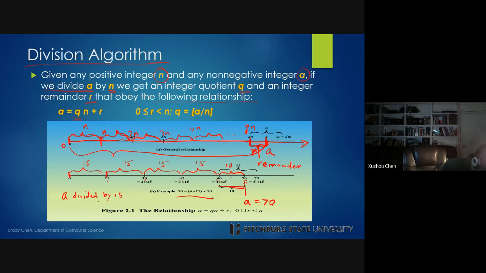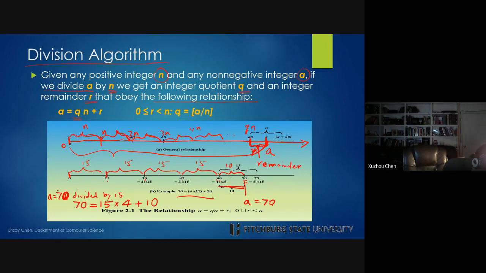So that basically means when a equals 70, we can write 70 as 15 times the quotient, which is 4, right? Plus the remainder.